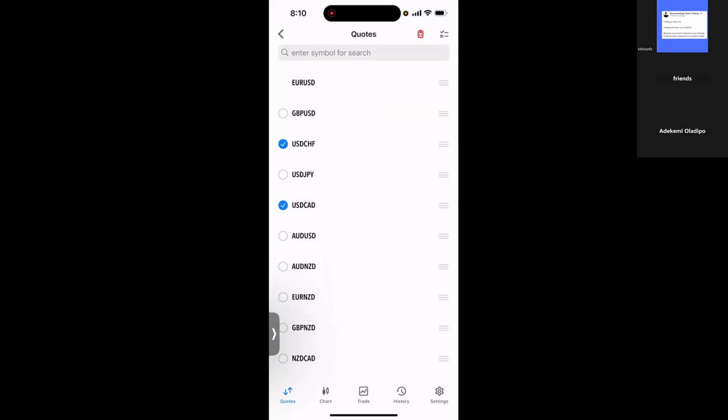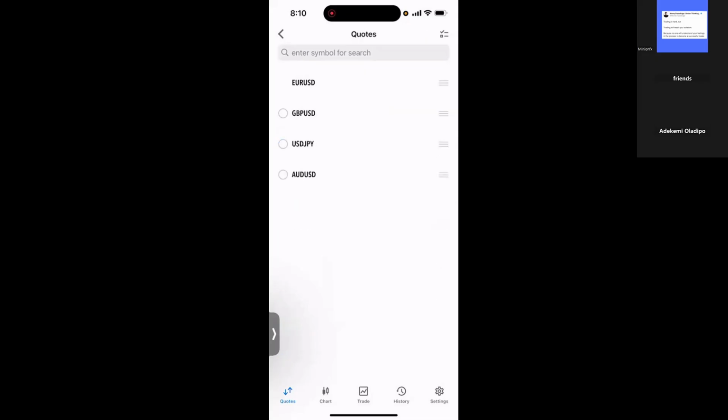I highlight AUD NZD and everything from AUD NZD downwards, not AUD USD. Untick that AUD USD. Good. So see the delete button at the top. Exactly. So that's how you delete.